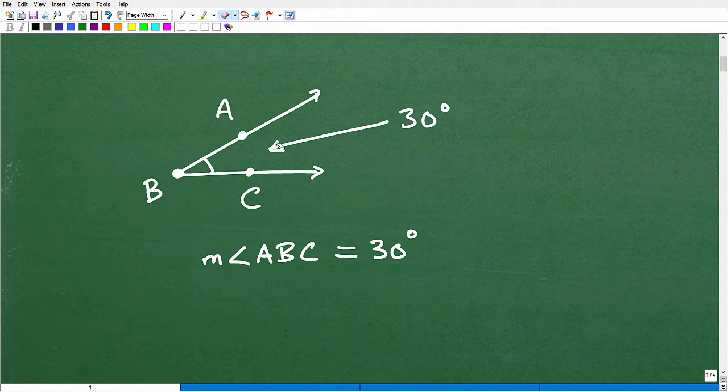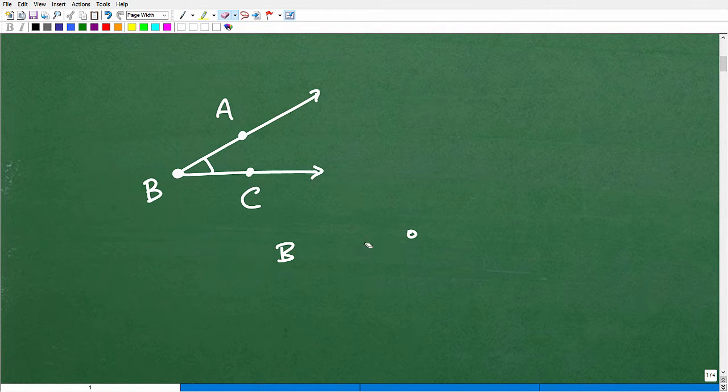So what are some other ways we can represent an angle? You can just simply call this angle 1. Let me write that a little better. Angle 1, just like so.